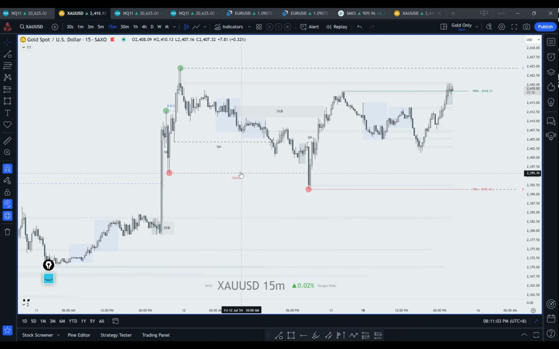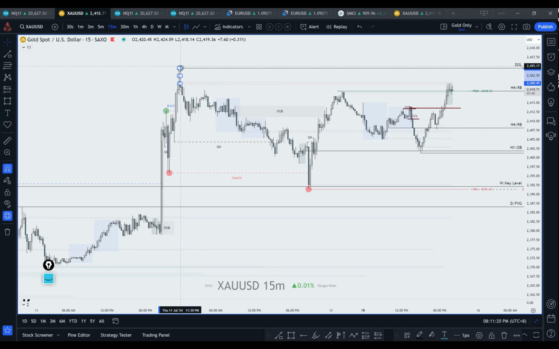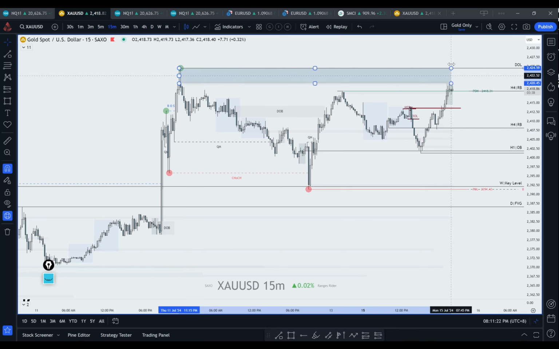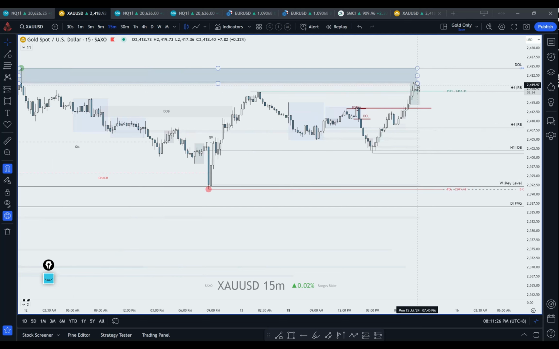We have the bearish range. Why? Because we have the change of character, bearish change of character. The price disrespected the DOB. So today we should be long until where? Until at least here.